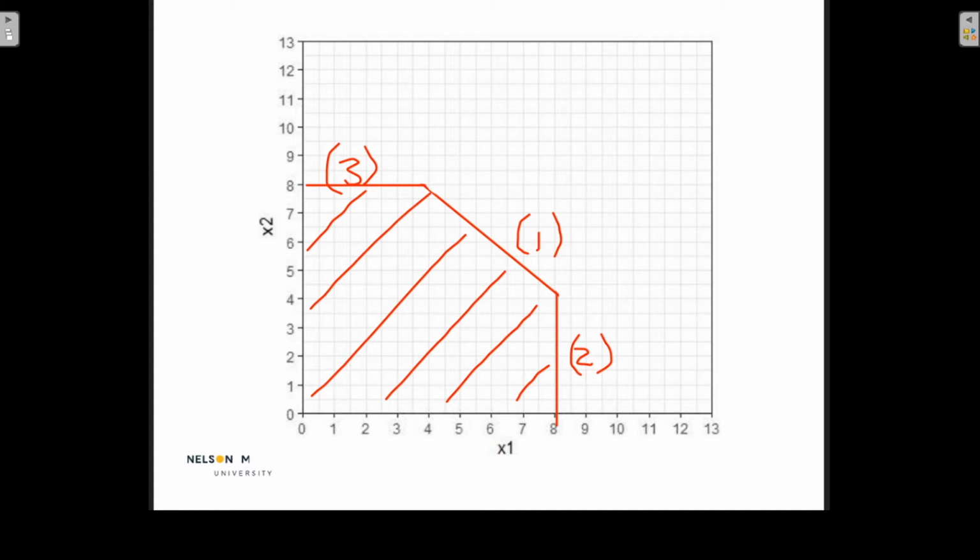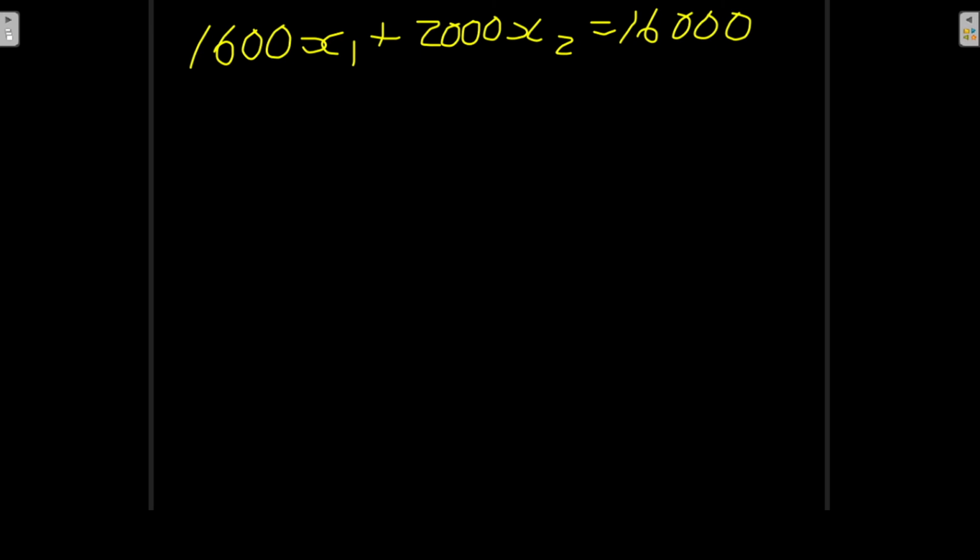drawing level lines. Now, a level line would be when you take your objective function and set it equal to any arbitrary constant. You will see there in your notes, if you set your objective function equal to 16,000, so let's just do that. Then we want to draw this level line on our graph.